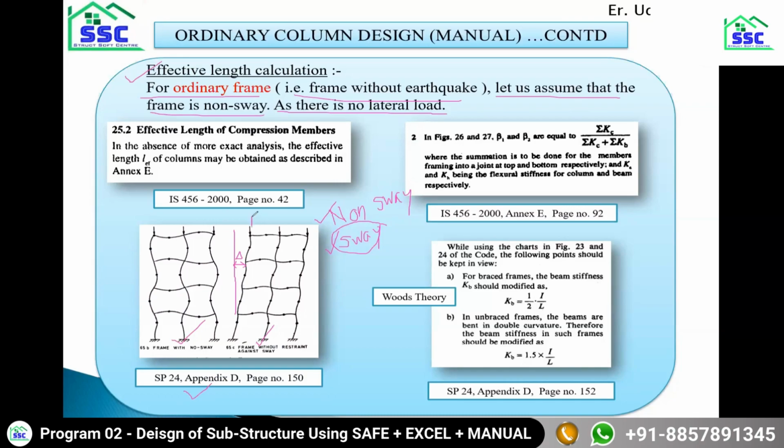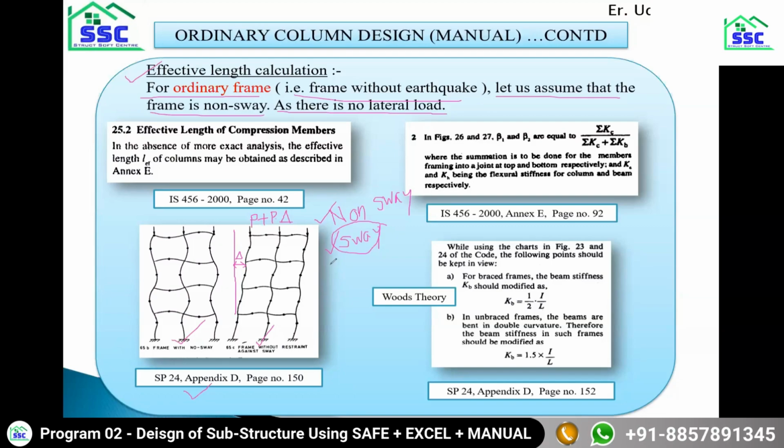Instead, it will be P plus some additional moment equal to P into delta, the bending moment due to eccentricity in the behavior of the frame itself. But in the non-sway frame, the point of application of load and the footing are almost in a straight line. Only the column is bending, but the line is straight. Here there is delta, so this frame is a sway frame.